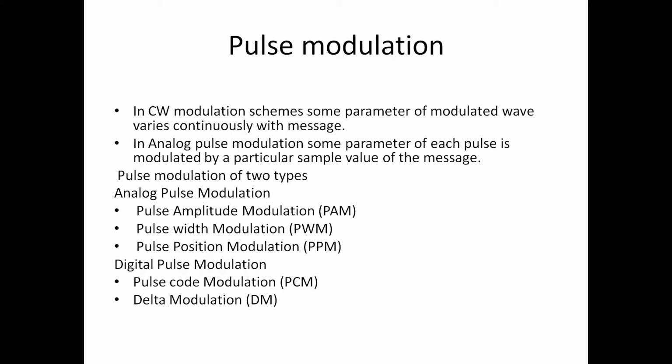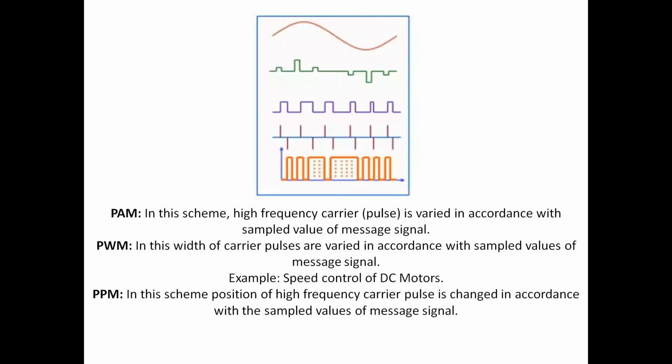Apart from that, pulse amplitude modulation, pulse width modulation, and pulse position modulation fall under the category of analog pulse modulation. So if someone presents you with the output signal of a modulation scheme, just because it looks like a pulse, it doesn't mean a digital signal. There is something more for a signal to be termed as a digital signal.